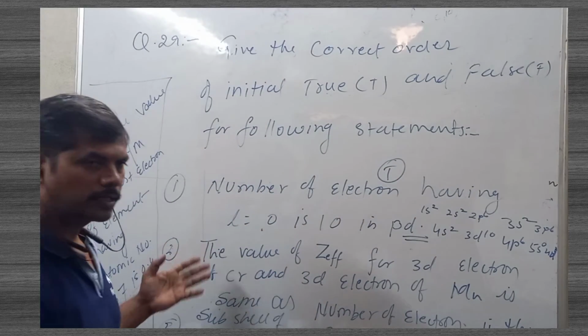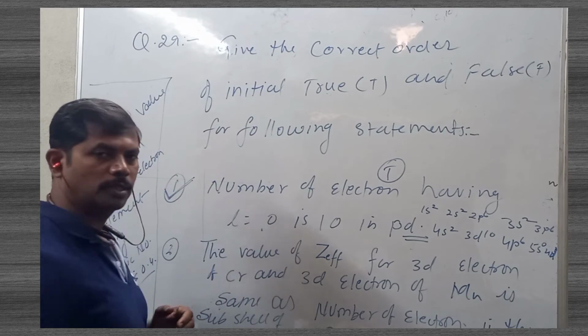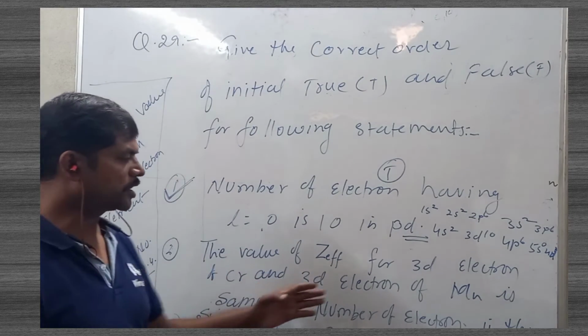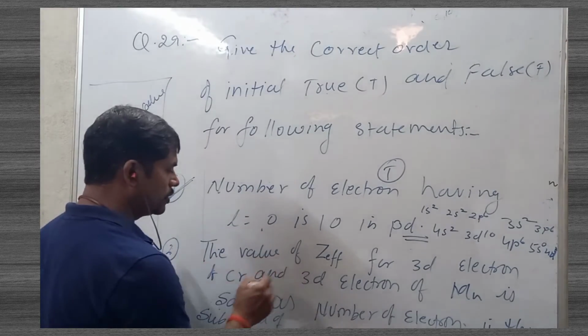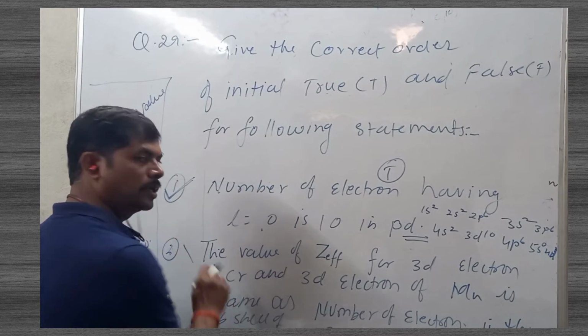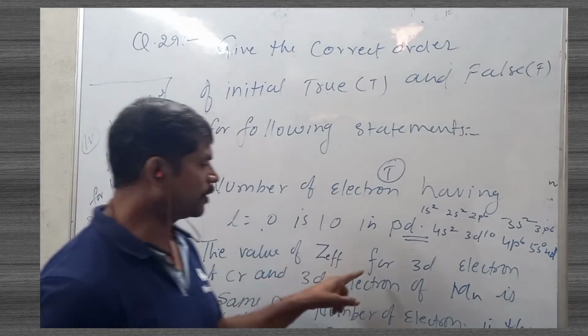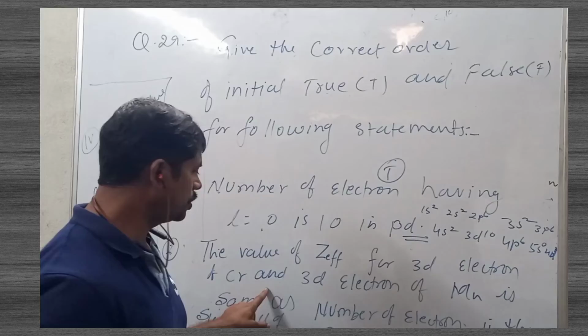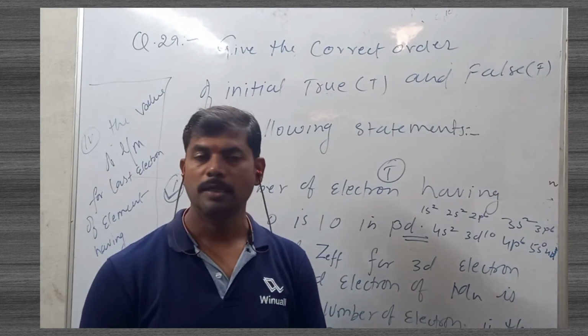According to Slater's law, which has different parts, here is the answer of this question: the first, and the value of Z for this. Here is the Slater rule that we are just going to tell about. So this is false. If Slater rules are that Z for the 3d electrons in chromium and 3d electrons of manganese are the same as the number of electrons in this, that is correct.